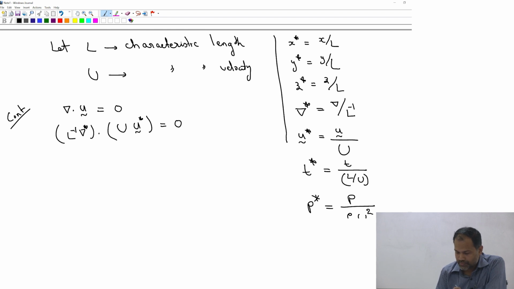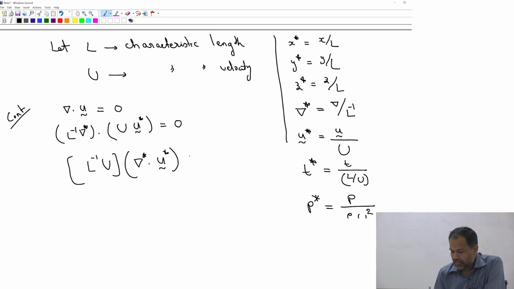So that means L inverse U into grad star dotted with u star is equal to 0. L inverse and U are like numbers that we have chosen in the problem, which can't definitely be 0. So it simply says that del star dot u star is equal to 0.